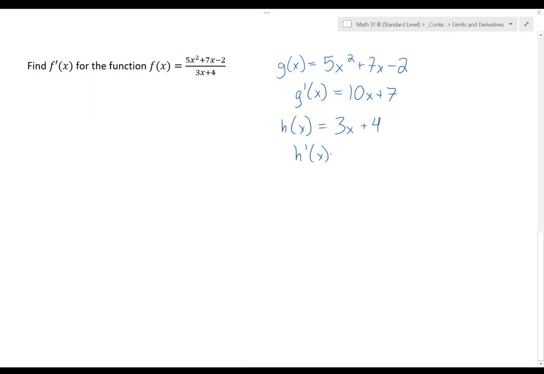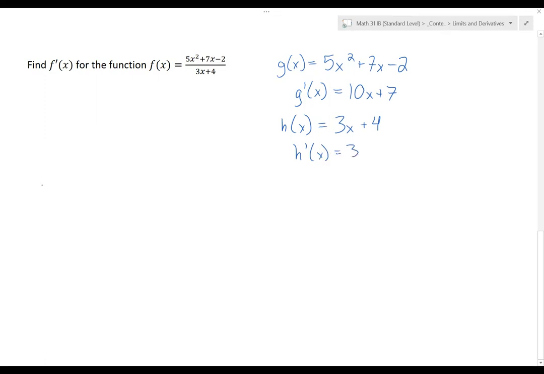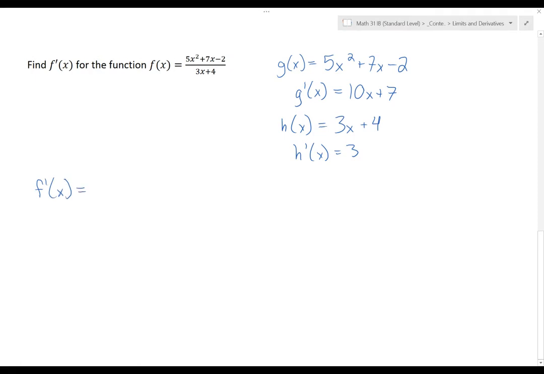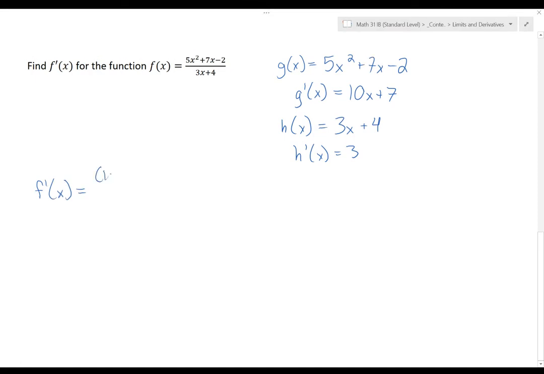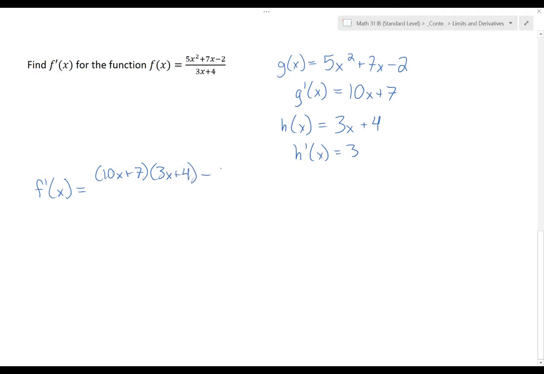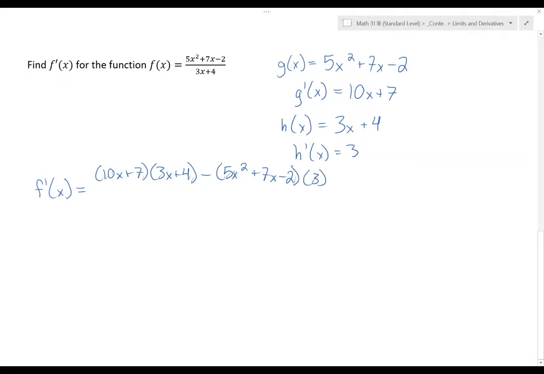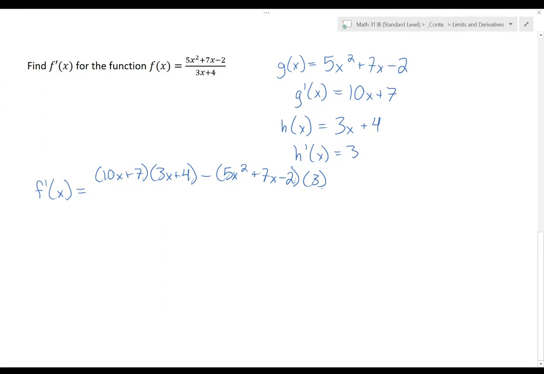So overall, the derivative of this function is the derivative of the numerator, which is 10x plus 7, times the denominator, which is 3x plus 4, minus the numerator function originally, which is 5x squared plus 7x minus 2, times the derivative of the denominator, which is 3, and then the whole denominator gets squared, 3x plus 4 squared.